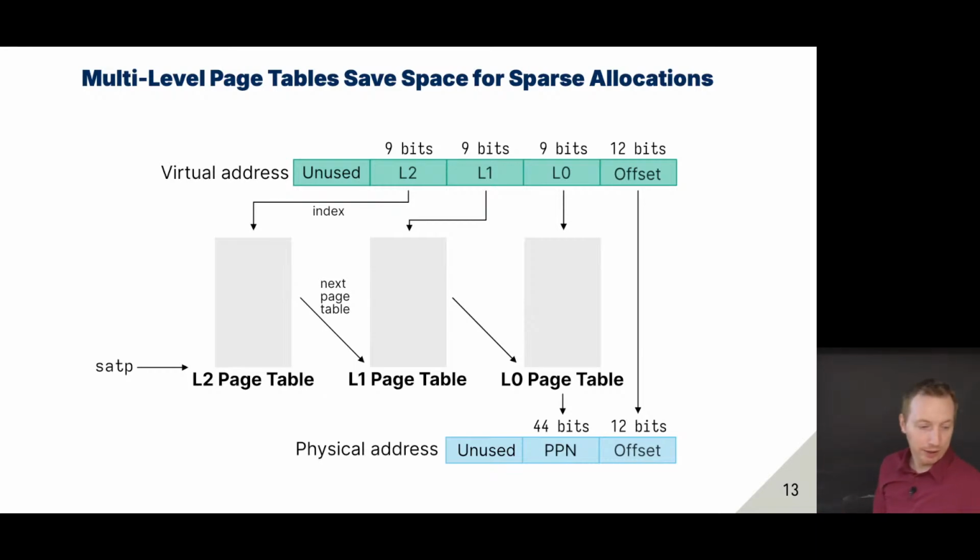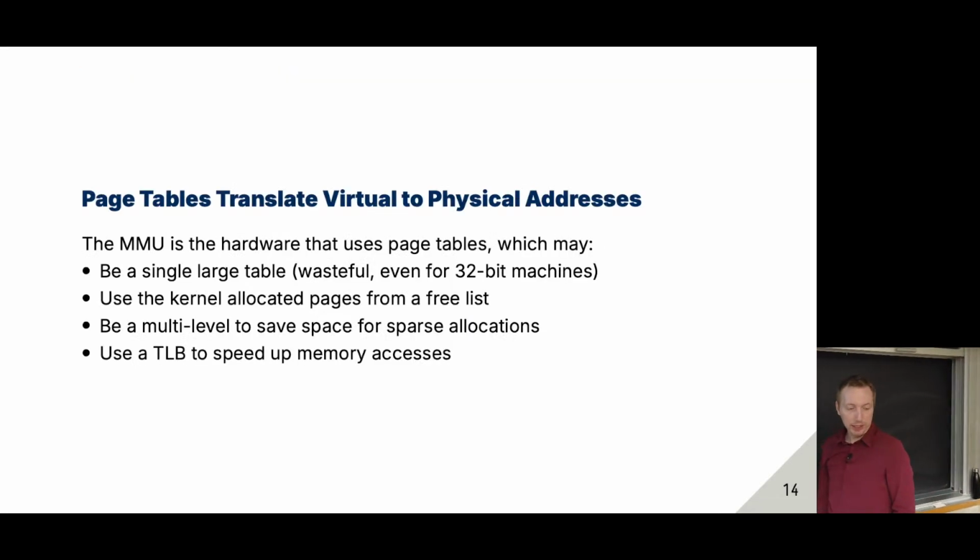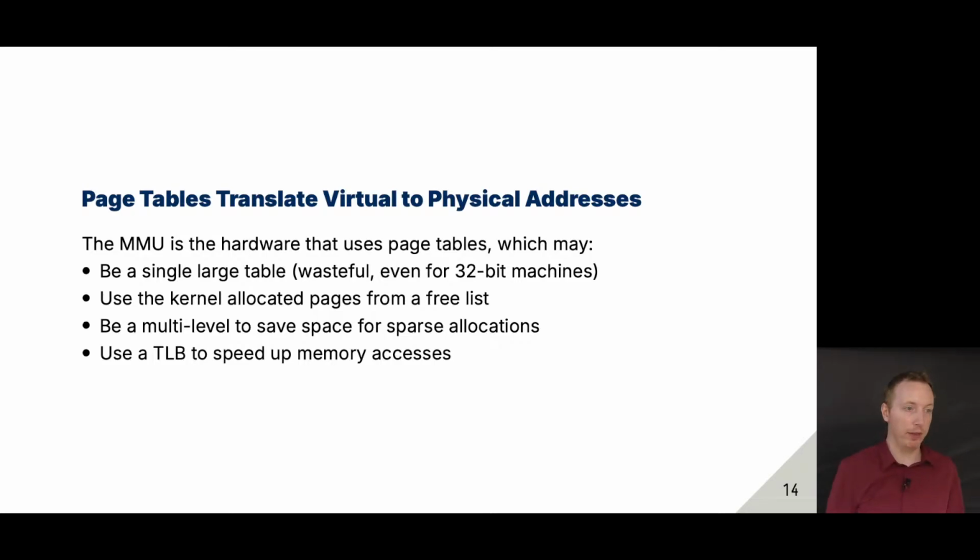So then after we did this, we realized it was slow. We briefly talked about how we don't have to write the translation, we just have to manage the page tables if we're the kernel. The MMU, or memory management unit, is hardware on your CPU that will actually use the page tables, which will do the translation for you.